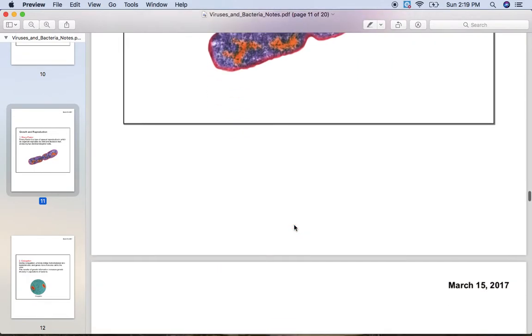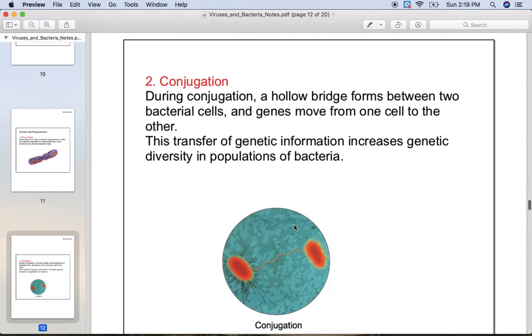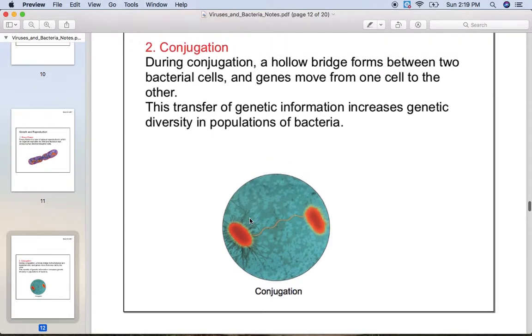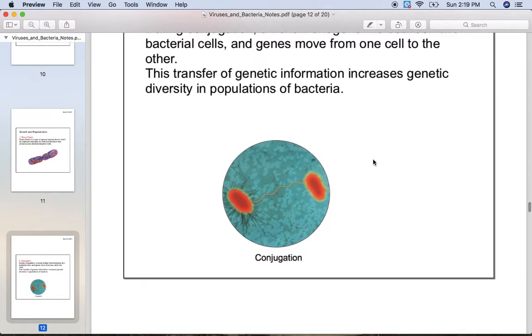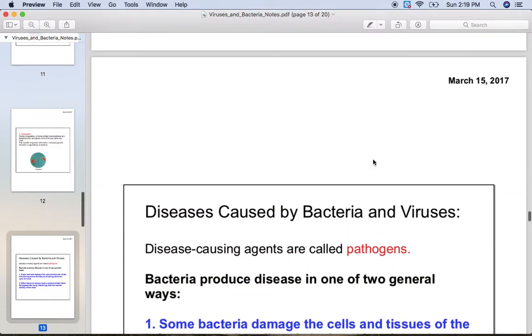Well, Mother Nature's kind of an amazing thing, and she wants to try to make sure some of those bacteria will survive. So bacteria can actually trade some genetic information by using this little bridge here through this process called conjugation. And it will just help increase the genetic diversity of a bacteria population. Kind of a creepy thing.